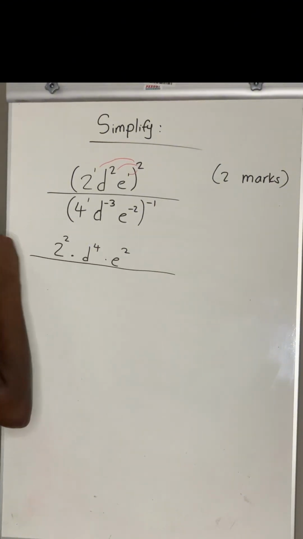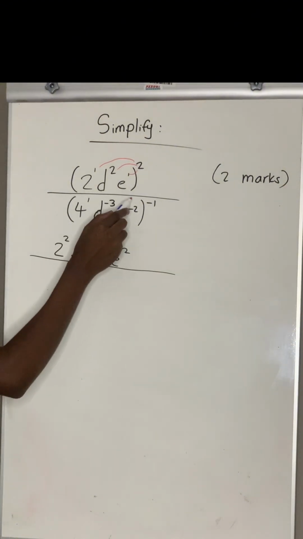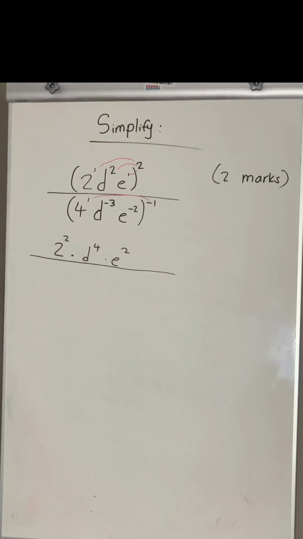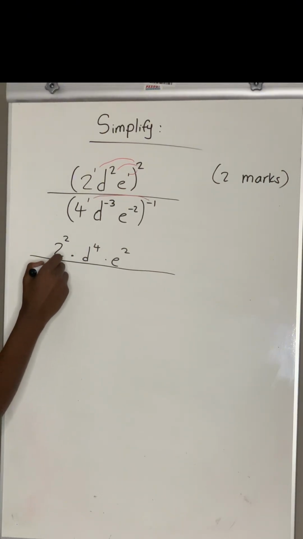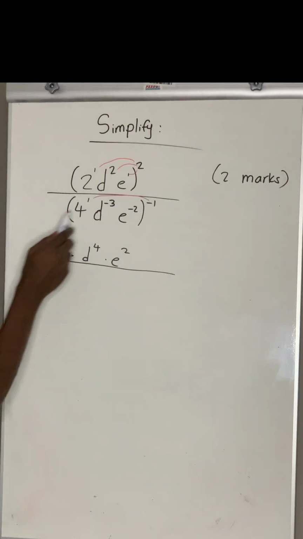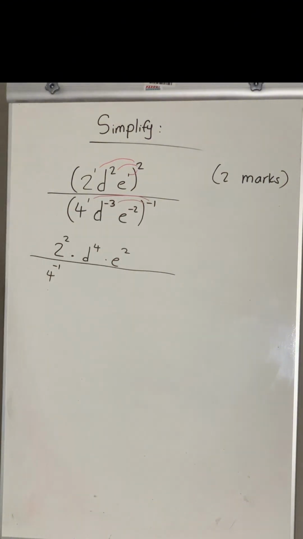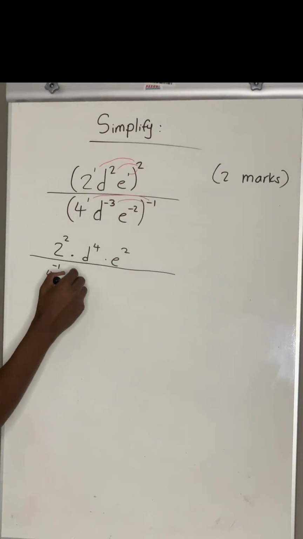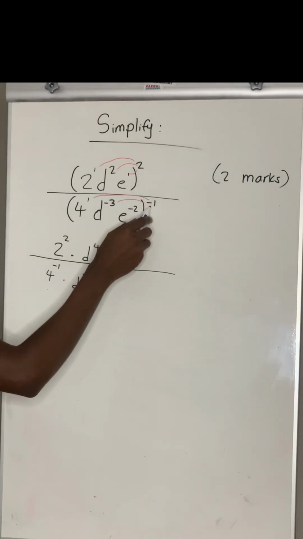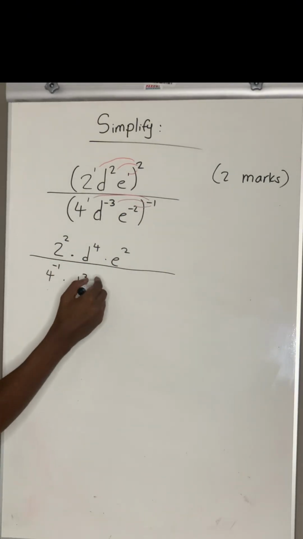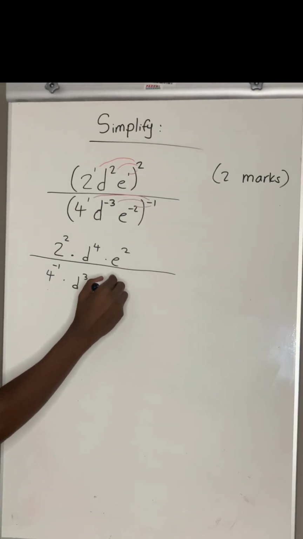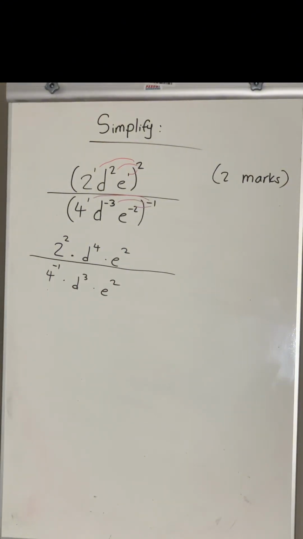Divide everything. Negative 1 times 1 is negative 1. Negative 1 times negative 3 is a positive 3. And then negative 1 times negative 2 is a positive 2.